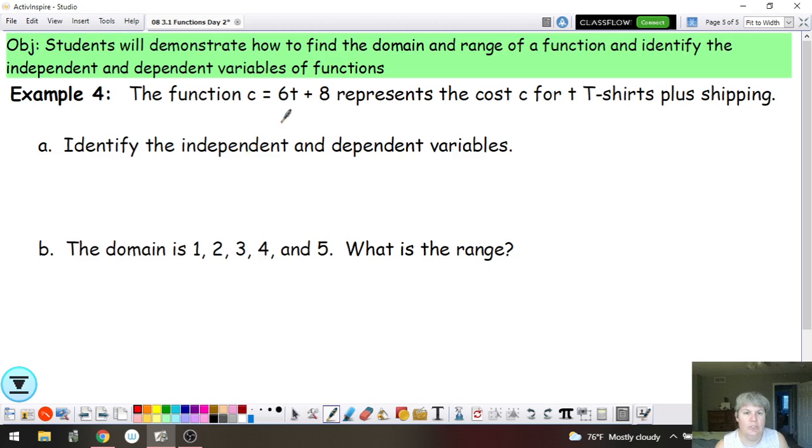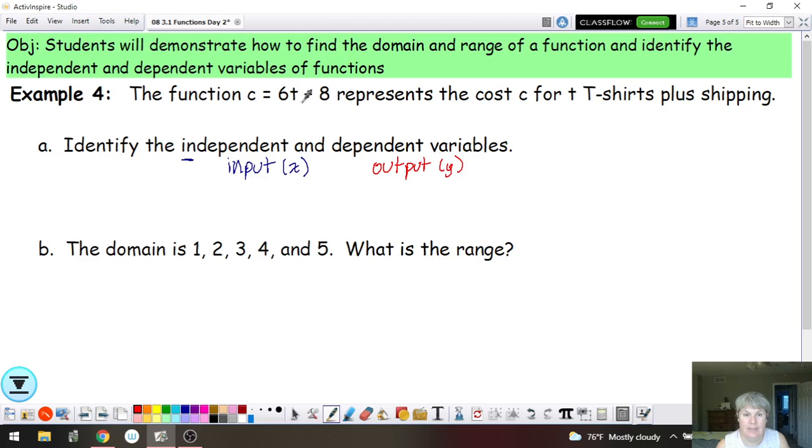So here we have the function C equals 6T plus 8, which represents the cost C for t-shirts plus shipping. Identify the independent and dependent variables. The independent is the input, which is x. The dependent is the output, which is y. Even though this isn't using x and y, we can look to see what variable is in the position that we're used to seeing the x.